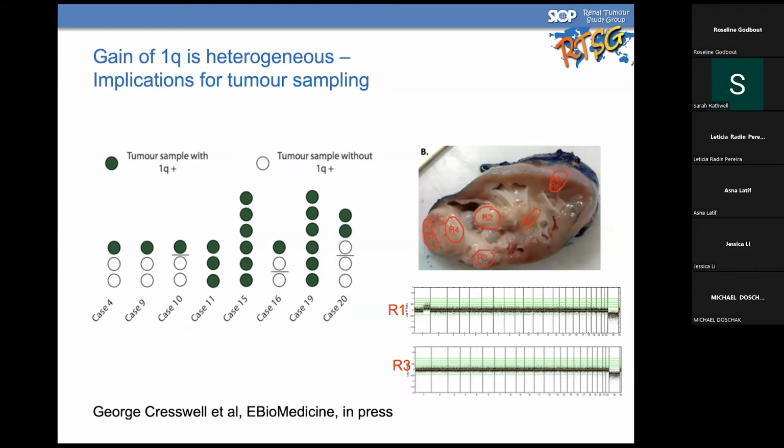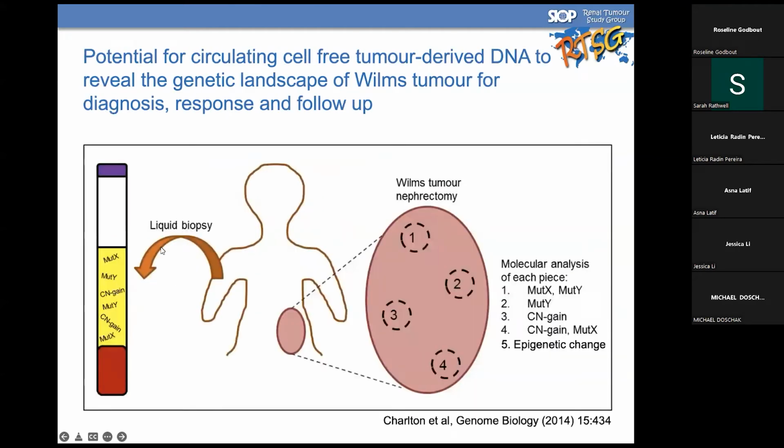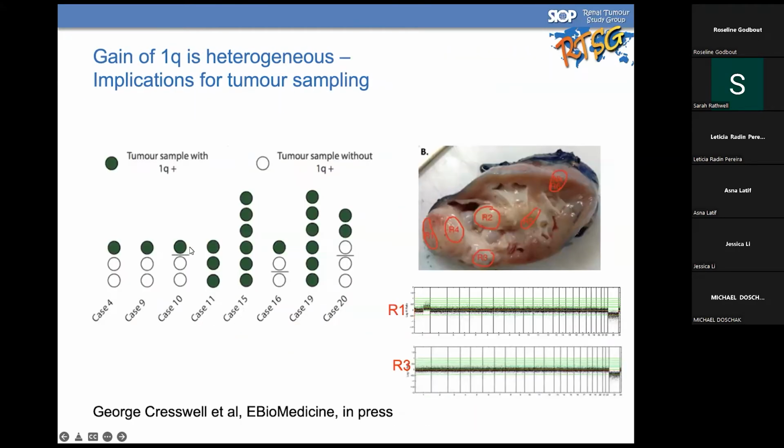And now think about these samples where you find the tumor with the one Q gain. You can find it in 100% of patients. But if you have just these samples, then you only find it in 3 patients.